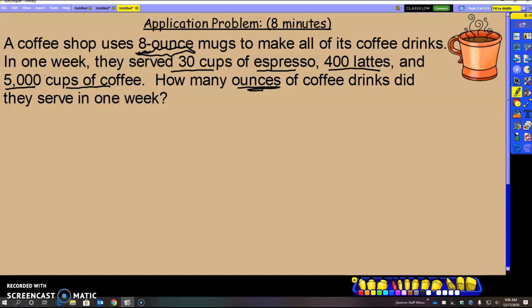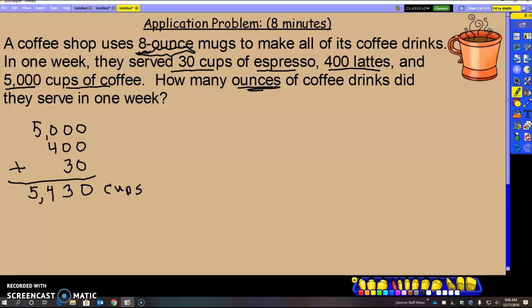Okay, so I'm going to start by taking my coffee, my lattes, and my espressos, and I am going to add those together. So we add to get how many cups of coffee they actually make. So here's cups of coffee.